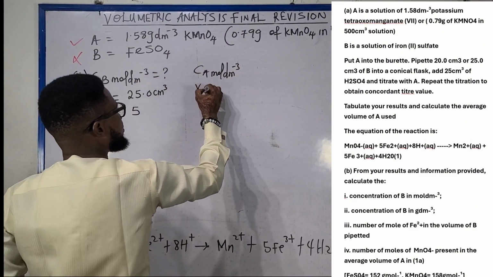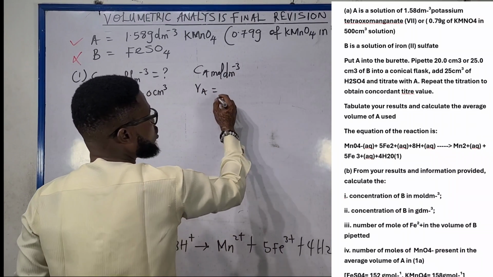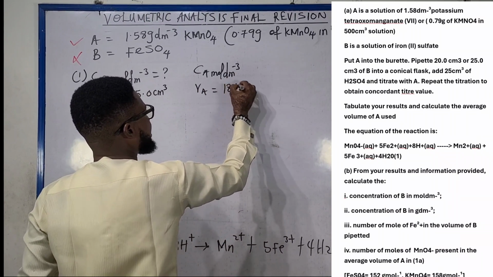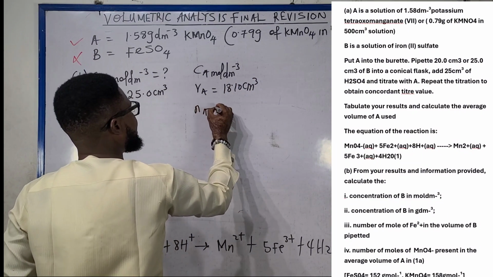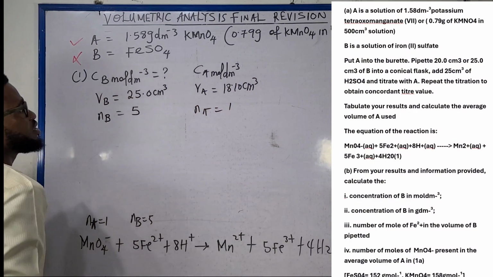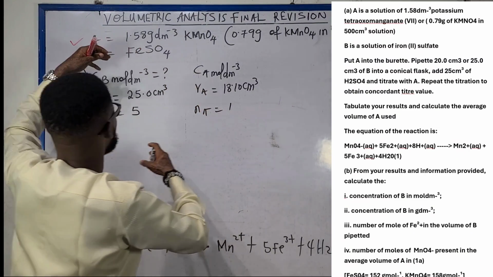So Va is the average volume of A used, that's 18.10 cm³, and Na in this regard is 1. Of course, I am looking for Cb.